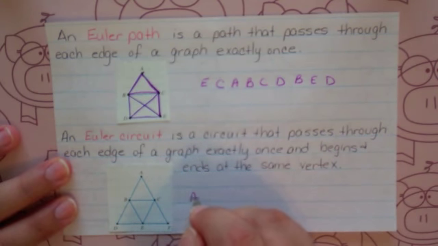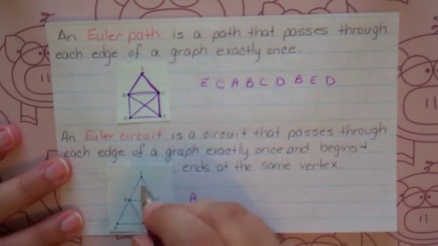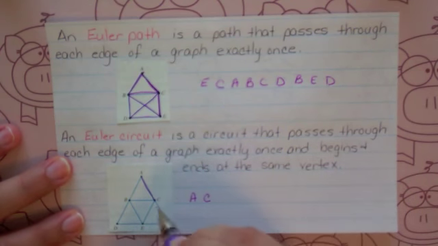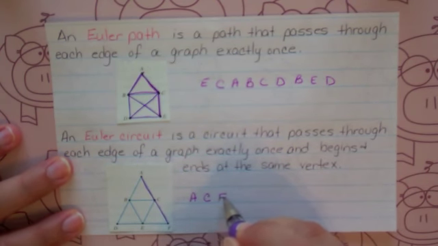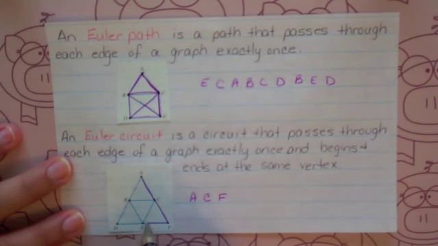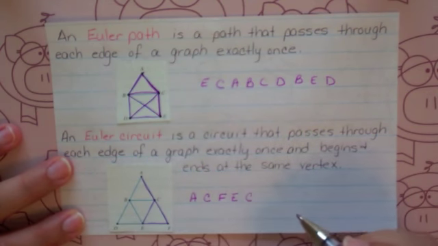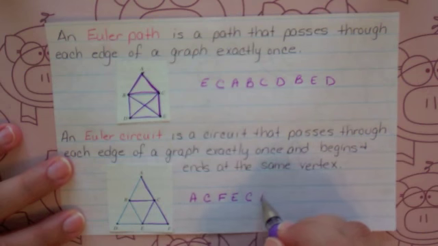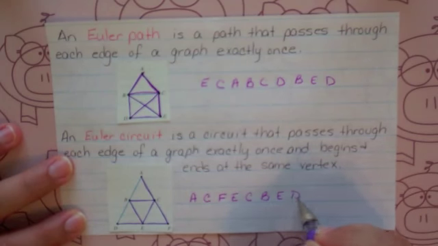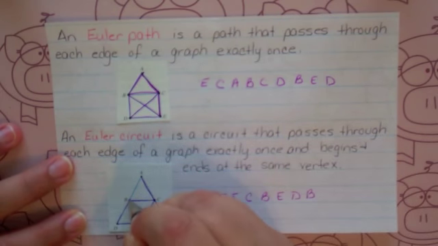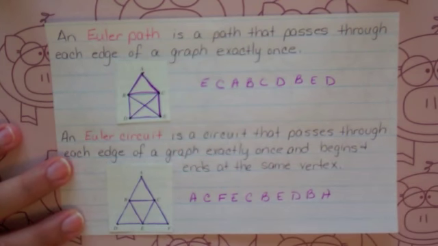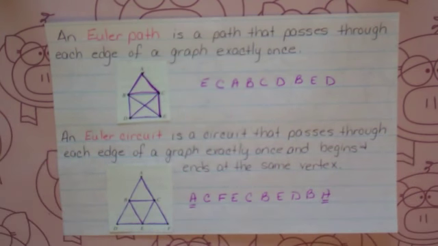Let's start at A. Okay, so we're at A. We can go to B or C, so let's go to C. From C, let's go to F. From F, let's go to E. To C. To B. To E, to D, to B, and finally, back to A. Notice I've covered every edge exactly once, and I started and ended at the same place.